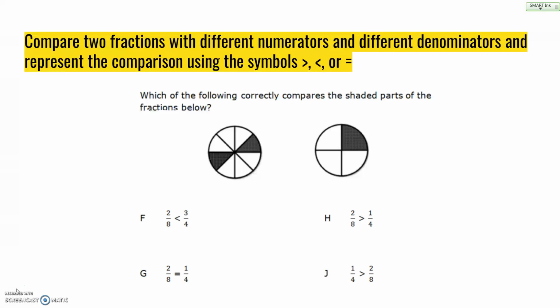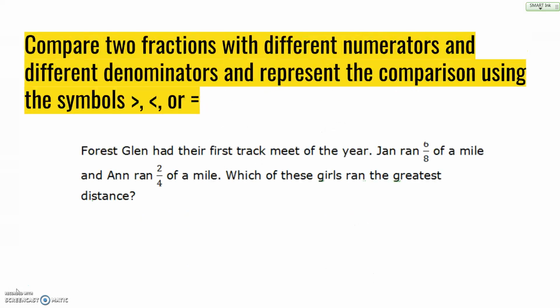And they can use what they know about finding equivalent fractions as well as the pictures to help them decide that that is the correct answer. And then they're going to look at the other two comparisons and again use what they know about equivalent fractions, use the pictures that are provided to them, and determine that those H and J are not true.